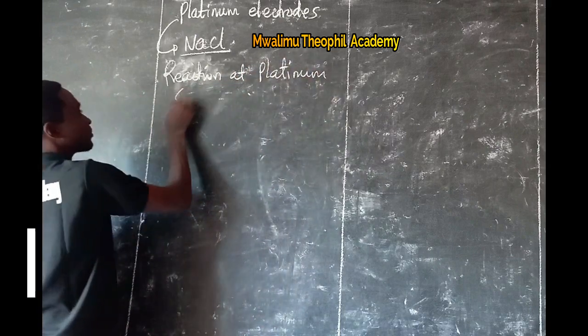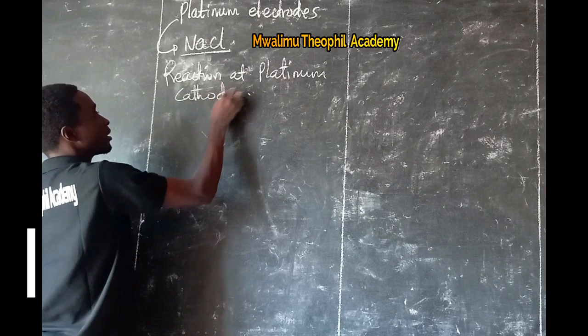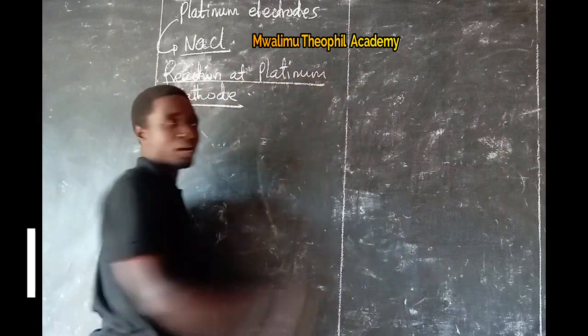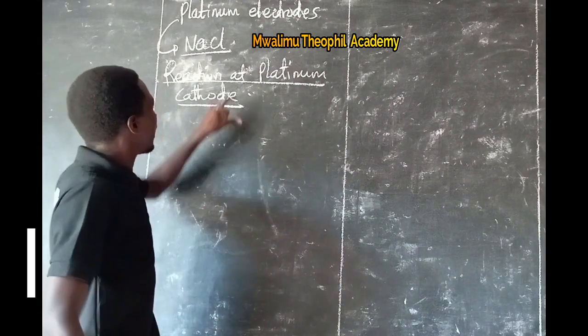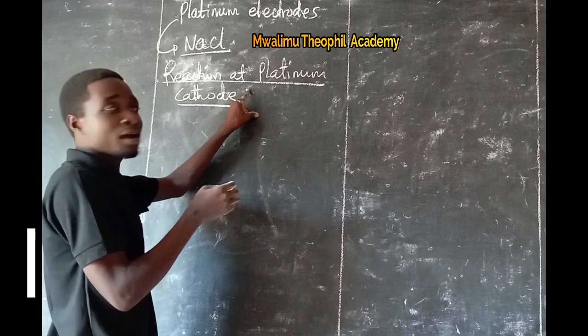The reaction at the platinum cathode, as we saw on the mercury cathode: as usual, at the cathode the ions that migrate are the cations.